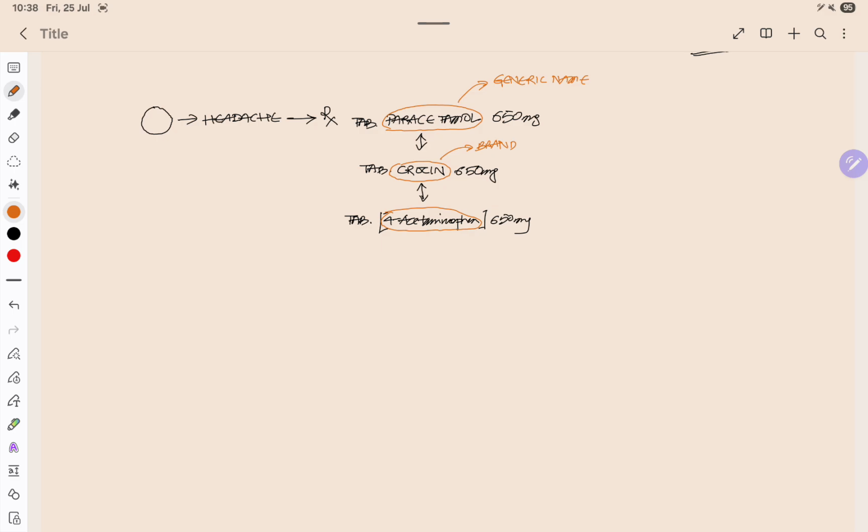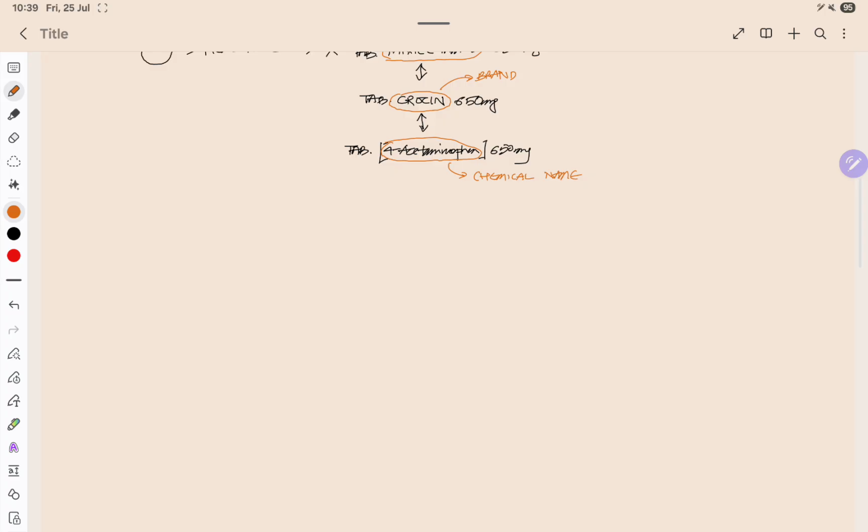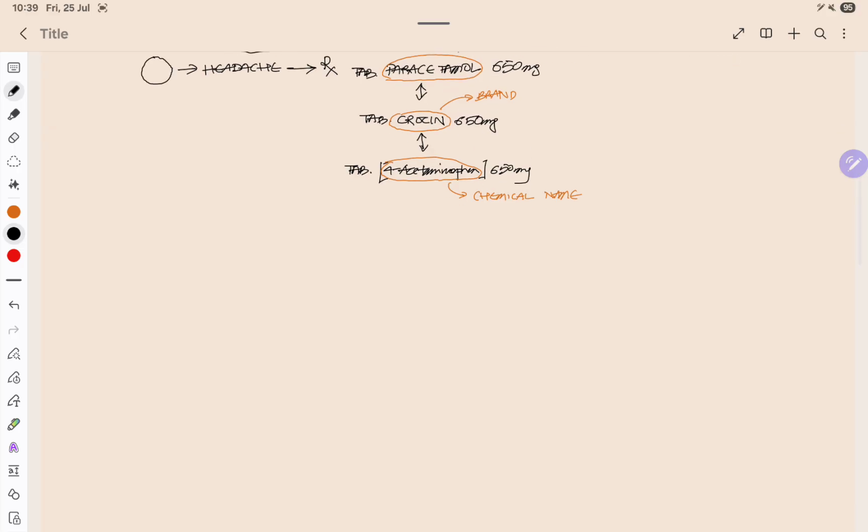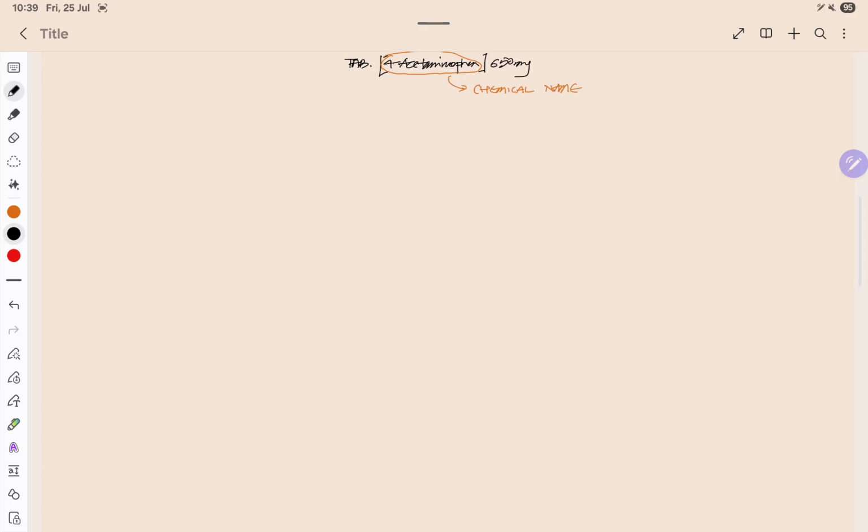There are multiple brands. And the last one is the chemical name. So this person, let's say he is Mr. Tom. Mr. Tom came with a complaint of headache, and you as a doctor have prescribed him paracetamol. Now you have also advised him to take it orally.